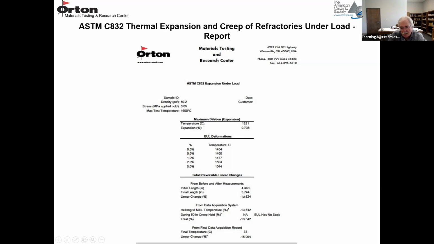So it's just a way of checking to make sure the laser and the physical measurements agree. And this is the deformation heating to the maximum temperature, which was heating to the 1600 degrees C temperature. That's about 13.5. So another couple percent deformation occurred during cool down.